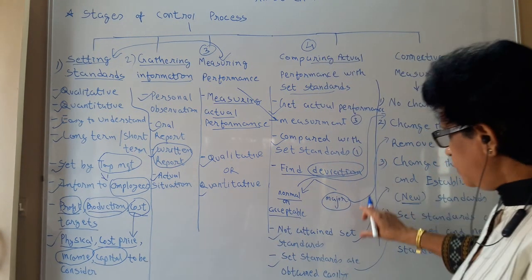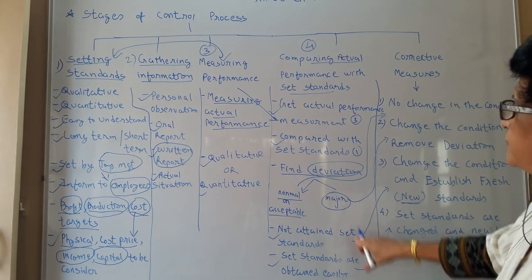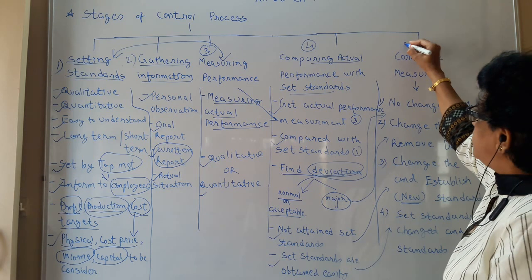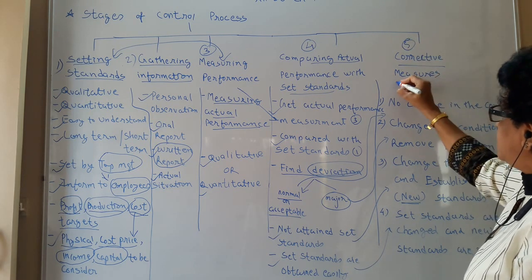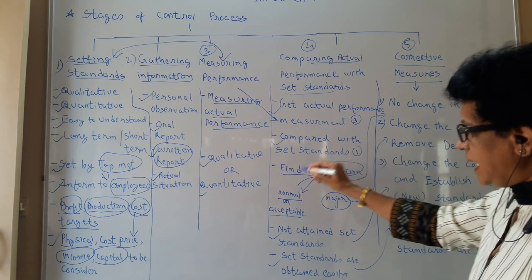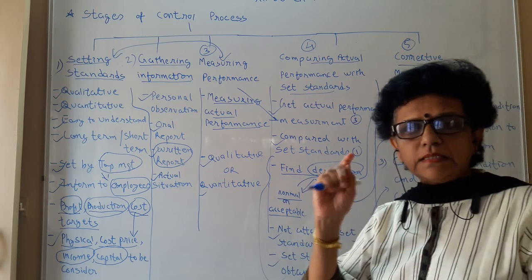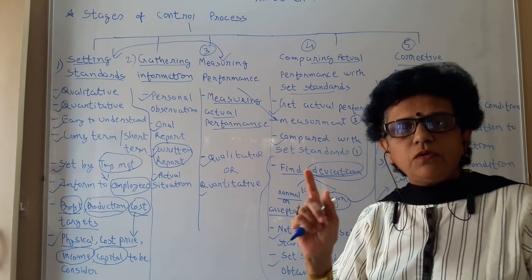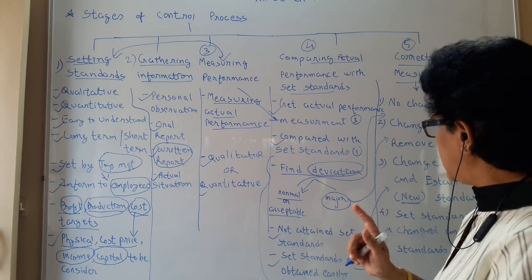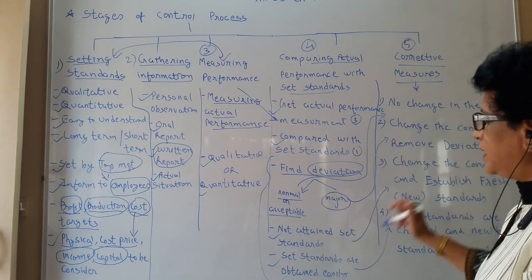So now, when you find all this deviation, the next point is number 5, take the corrective measures. You have to be alert by looking at all this. It is ringing a bell that you need to be alert. You do something. Now let us see what can be done.